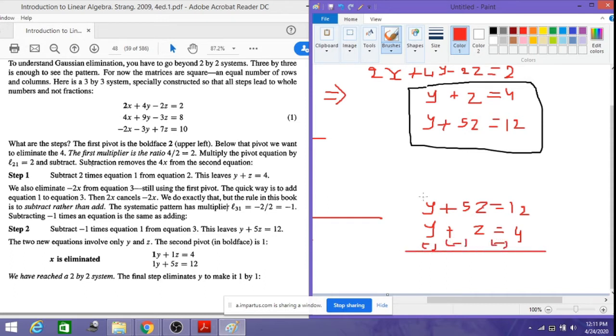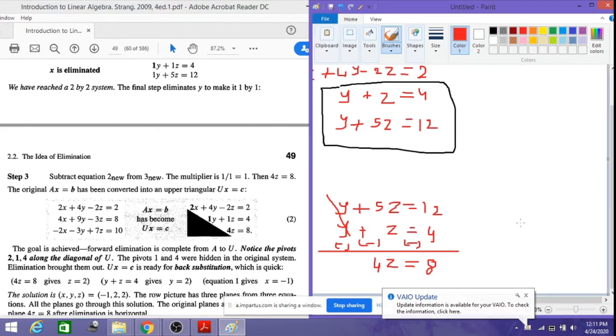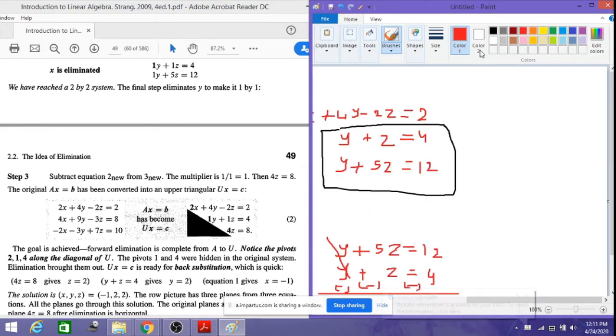Then I cancel out y, and here I'll get 4z equal to, now what I get here is 8. Perfect. So now let us write once again the final equation which I get from this. I'll put the line here and write.